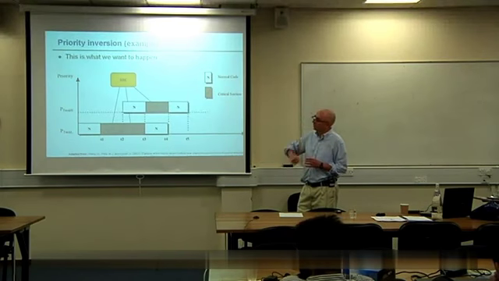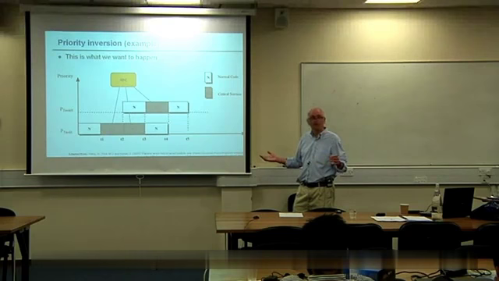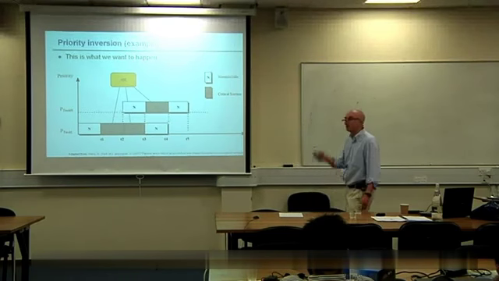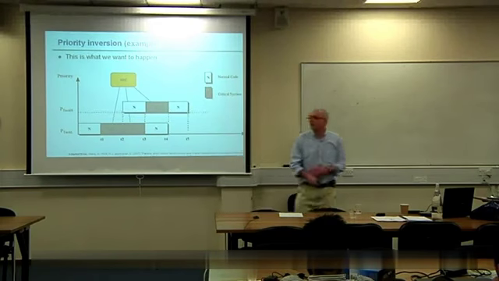Well, one way of viewing this is, to solve the problem of priority inversion, we invert the task priorities. And there is no other way, really, of describing what's going on here, because that's exactly what you do. To avoid the problems of priority inversion, you invert the task priorities.